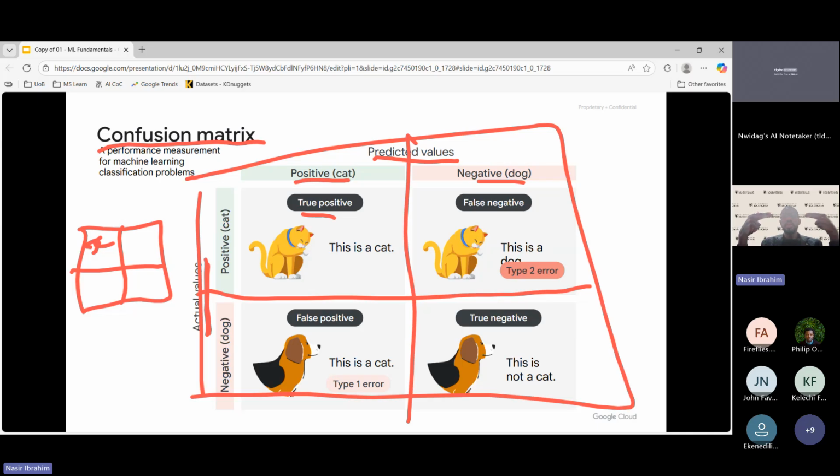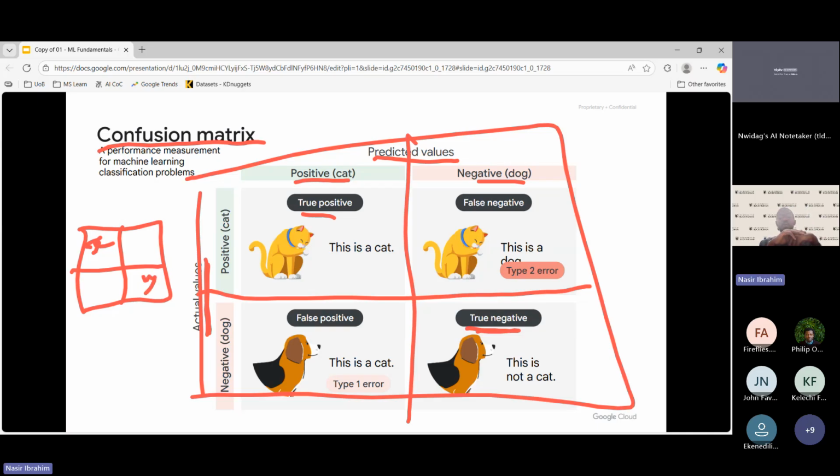If the output is a dog and the prediction is a dog, that is a true prediction. In this case, because dog is the negative class, we say it is true negative. We say this is Y.